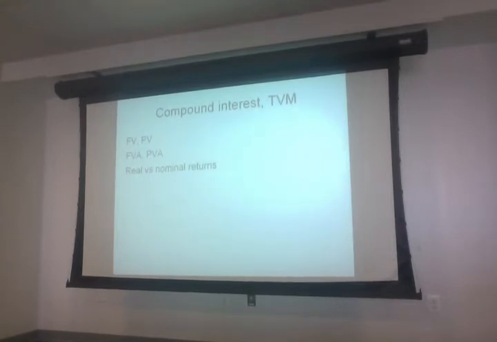Think about it, like 0.03 times 0.02 is like 0.0006. It's really small. We can basically ignore it and we can say that the nominal rate is approximately equal to the real rate plus inflation rate.